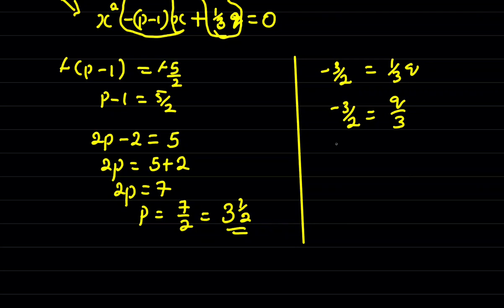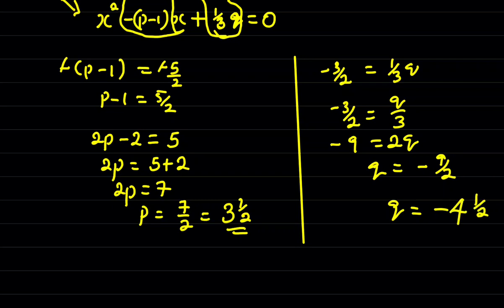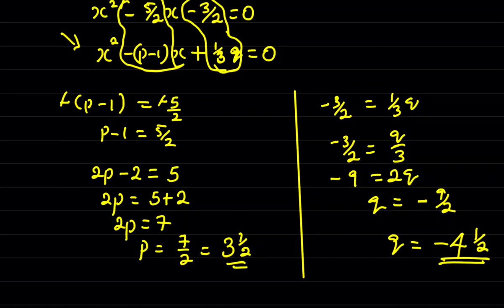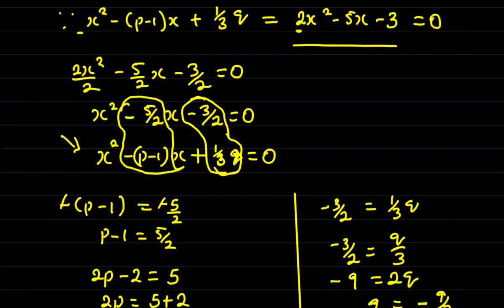Now cross multiplying, I'm going to have minus 9 equals 2q. So q equals minus 9 over 2, which is minus 4 whole number 1 by 2. Now I've secured the values of my p and q, and that is how we work this type of question.